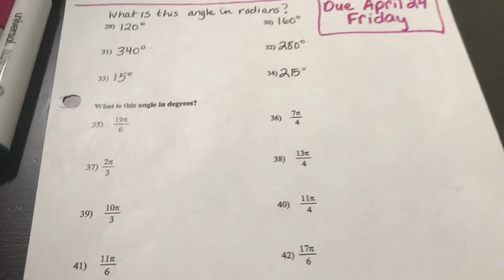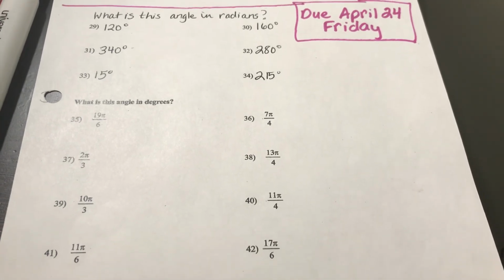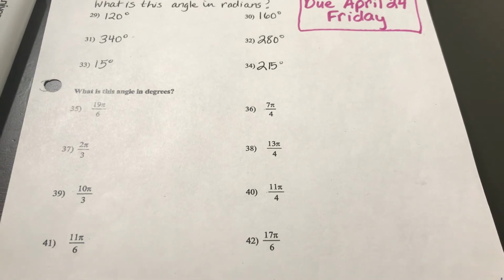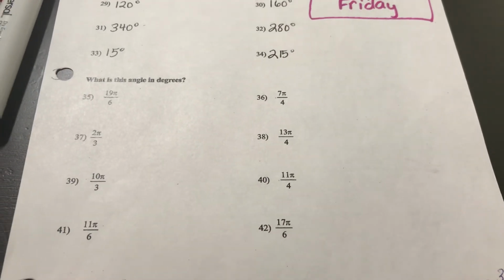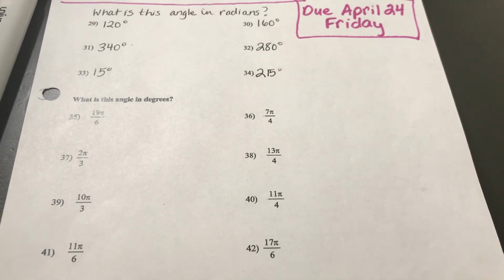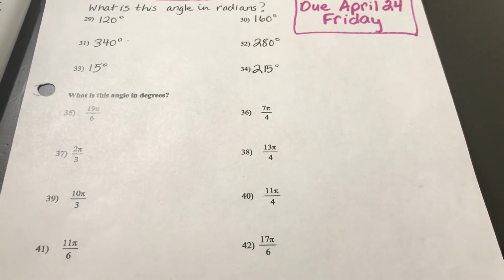And the assignment is to do what we just did, but on some different problems. So this is due Friday, April 24th. Your assignment is questions 29 through 42. And you do not have to simplify.